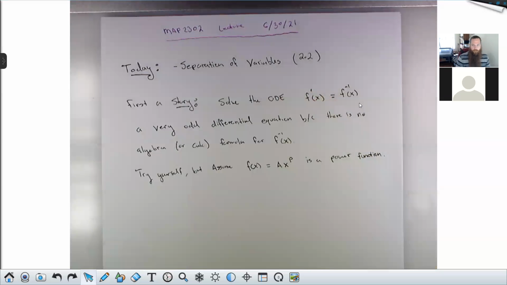Very similar to the assumption that was baked into that problem, right? That f of x or y was x to the m. So here, if you assume that your function f is some constant times x raised to another constant, then you'll be able to go through and compute both sides here.